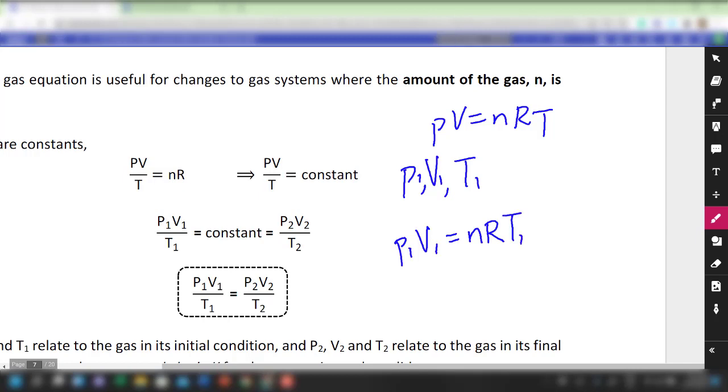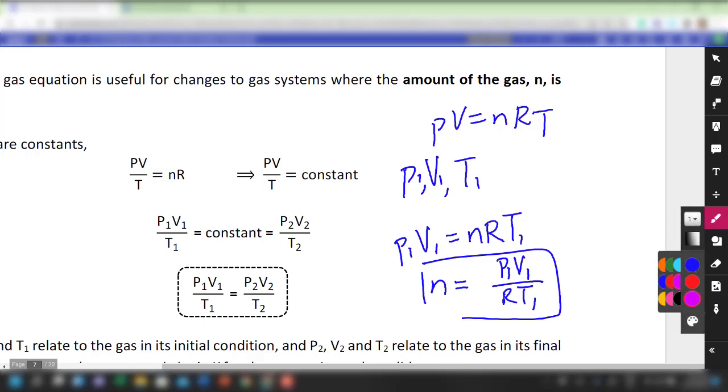Okay, and then if you shift the variables around, the number of moles will therefore be equals to P1 V1 divided by R T1.